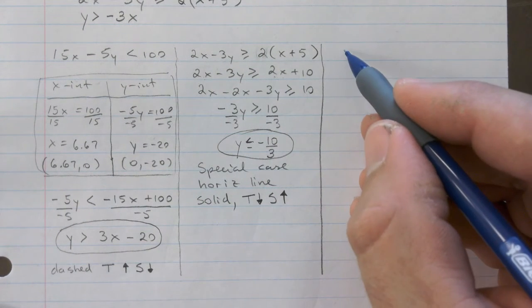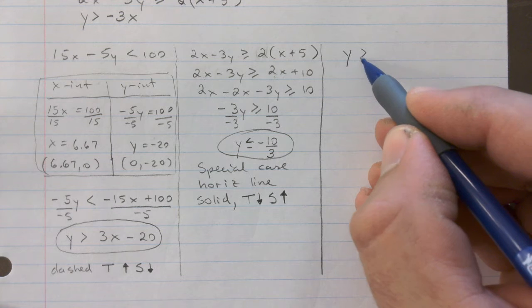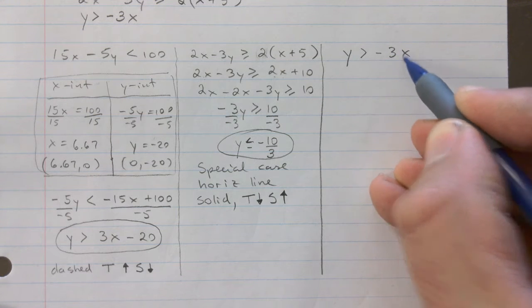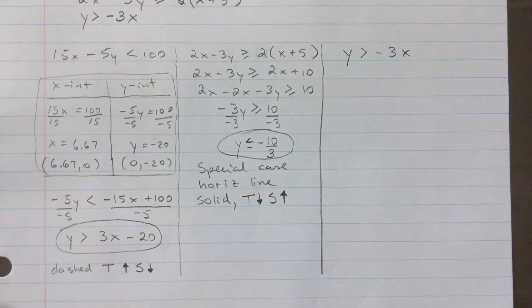And then we have our y is greater than negative 3x. It's already rewritten.